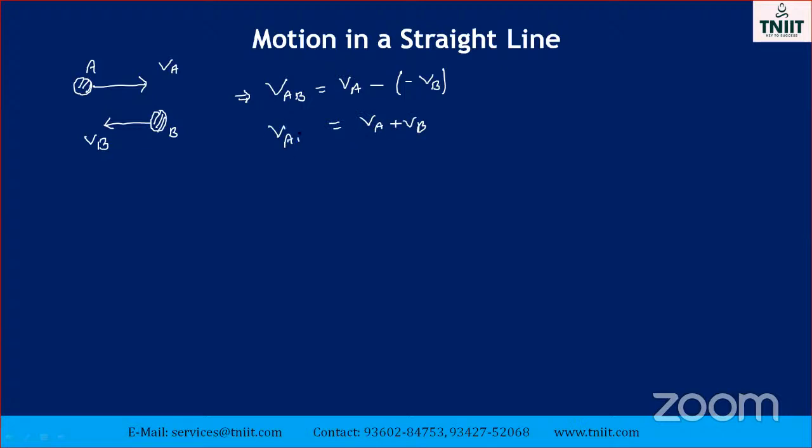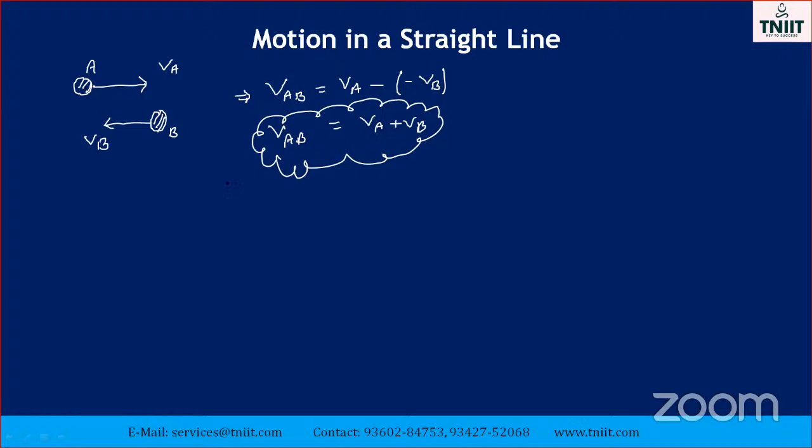So please remember, if two bodies are moving in the opposite direction, then the relative velocity must be added up. If two bodies are in the same direction, the relative velocity must be subtracted.